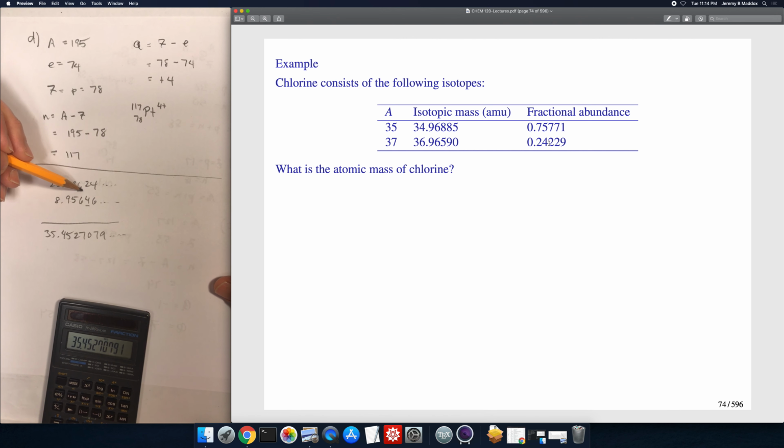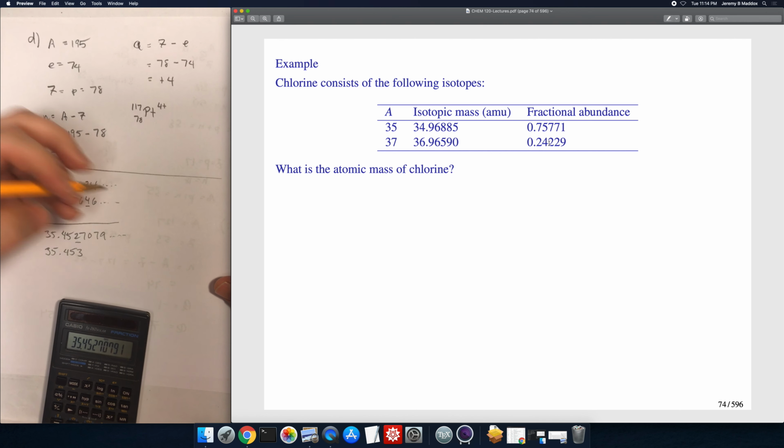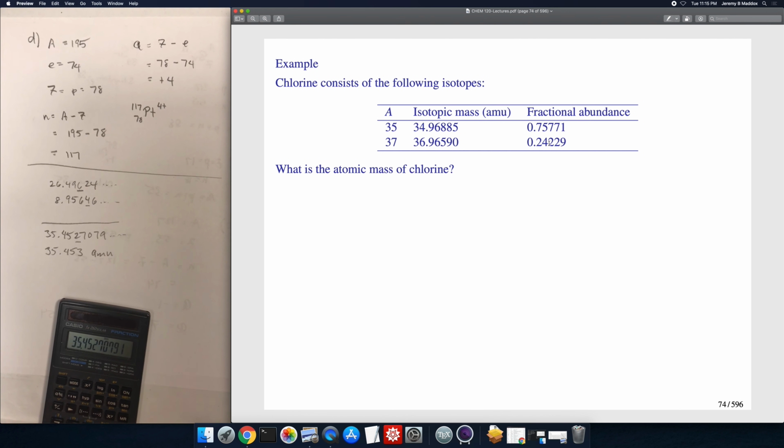So we have, it looks like, 3 decimal places here, 4 decimal places there, so we're going to keep our last sig fig at the 3rd decimal place. So we're going to round up. 35.453 AMUs is the average atomic mass of chlorine. And this is a weighted average of both the chlorine-35 and the chlorine-37 isotopes.